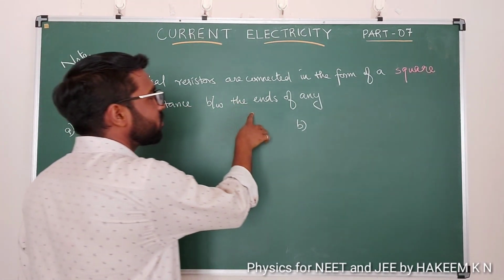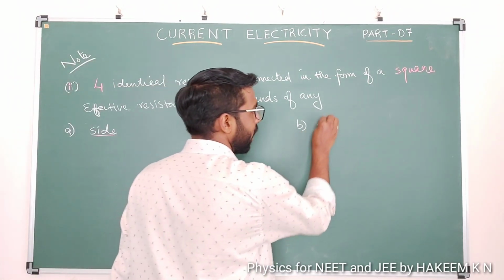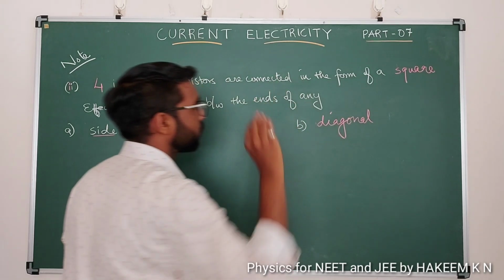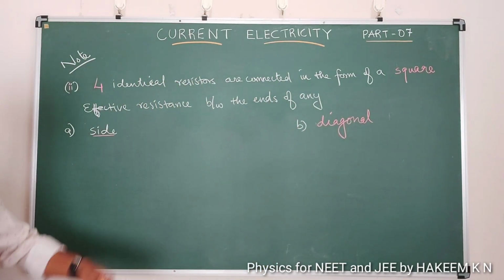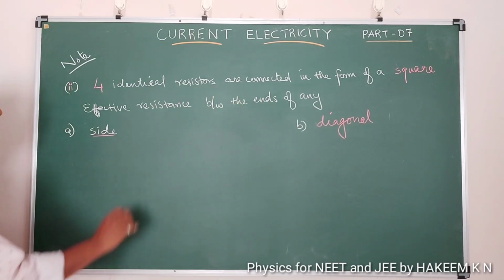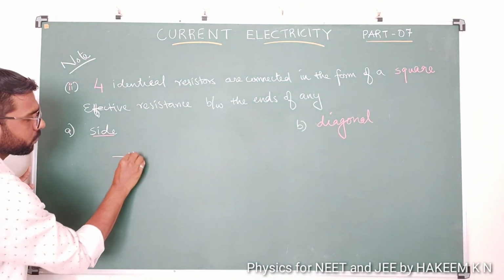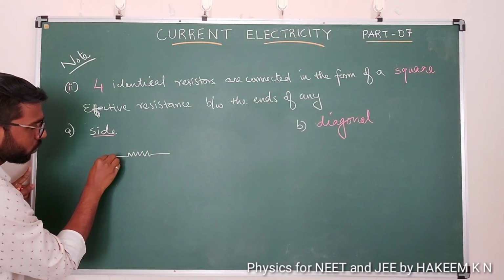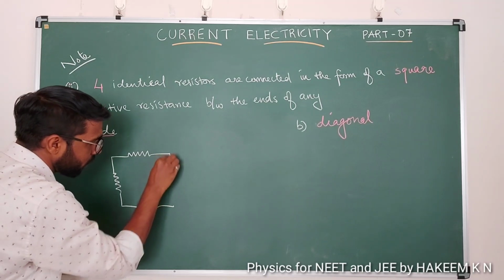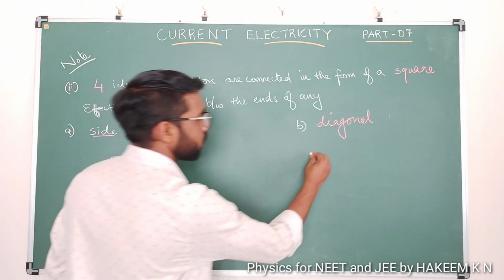Effective resistance between the ends of any side and between any diagonal, that is, between any ends of a diagonal. So we can draw a square made using 4 identical resistors. Here also.